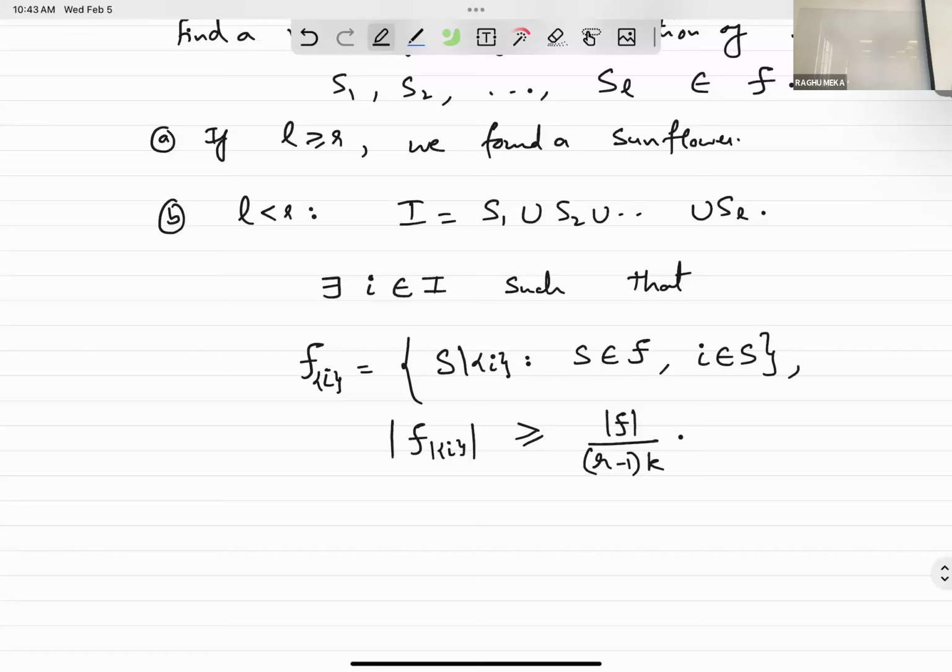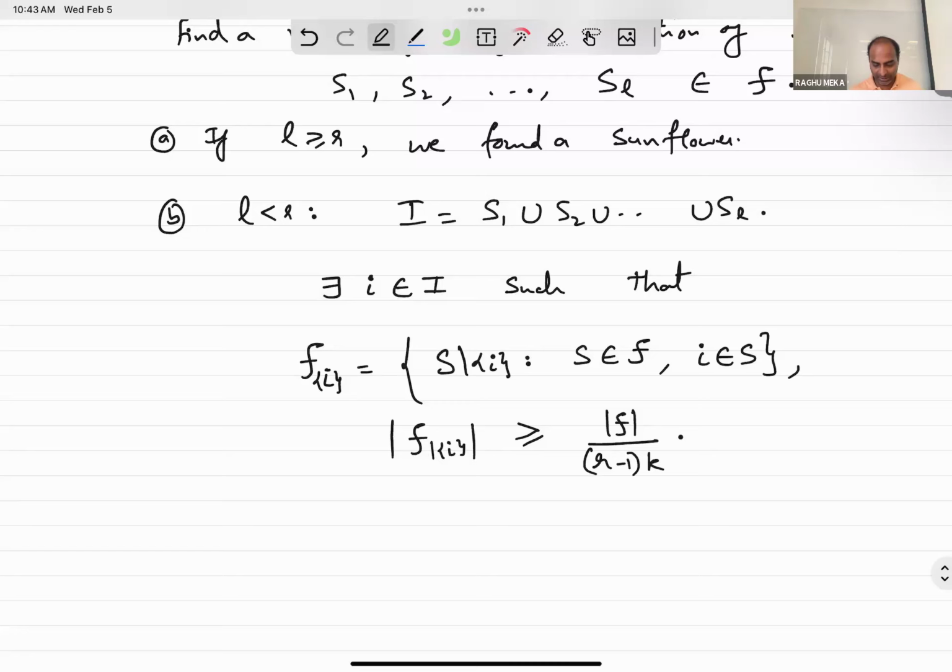Okay, so this was the argument. We said, if L is less than R, then there exists an element such that if I look at all sets which contain the element i, and take out the element i from them, then the size of this family is still somewhat big. I started out with some F. Now I have a reasonably big family, but the win is that this family only contains sets of size k minus 1. Okay. So now we could use induction on this, right? Makes sense?